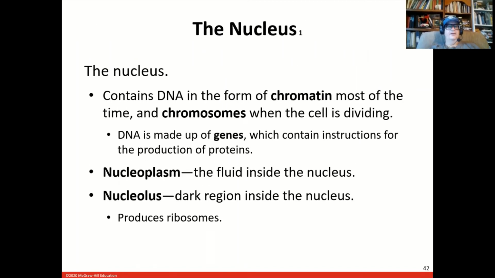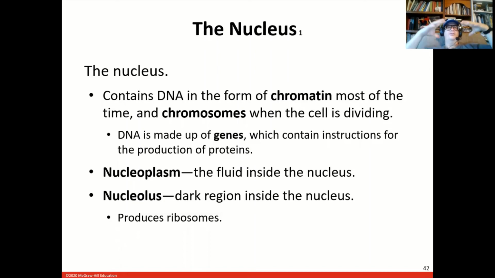All right. So the nucleus has chromatin inside, DNA wrapped around histone proteins. Little sequences of DNA that have instructions how to do something are called genes, and those are usually instructions to make a protein.